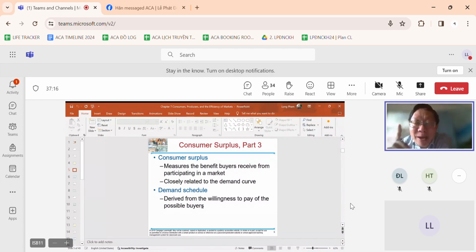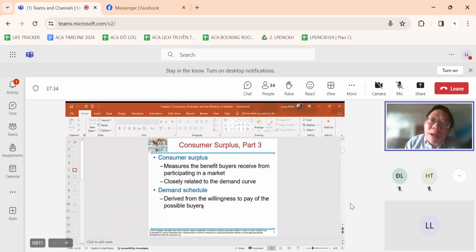So we have another explanation based on willingness to pay and consumer surplus, and it seems more scientific than just answering with the law of demand.